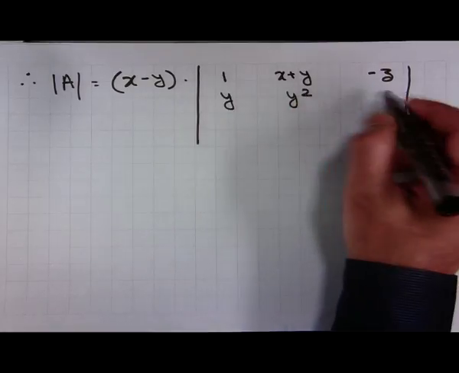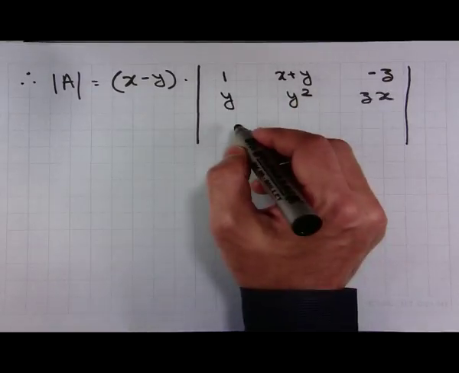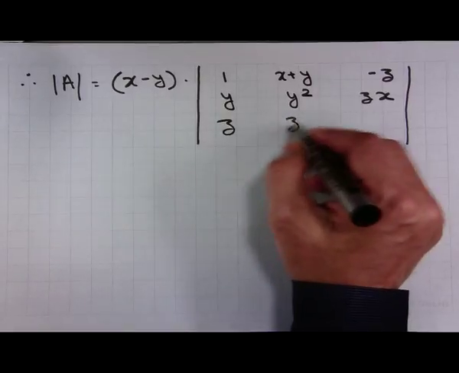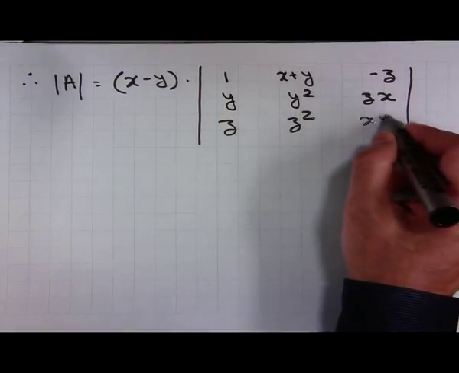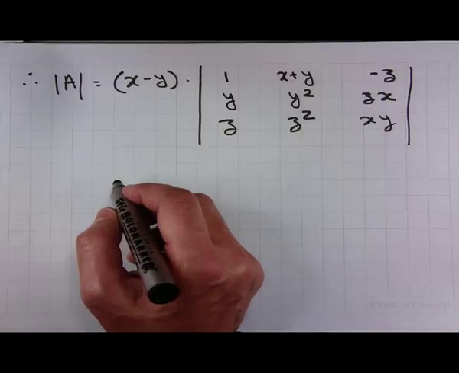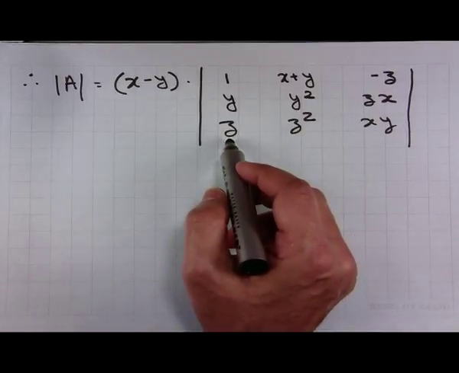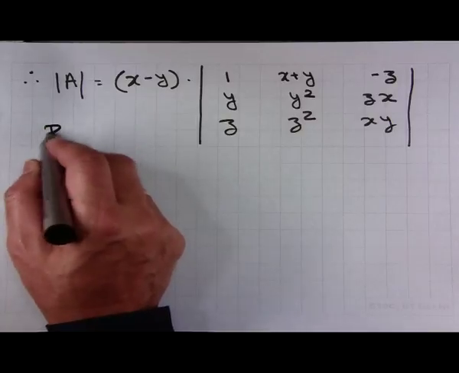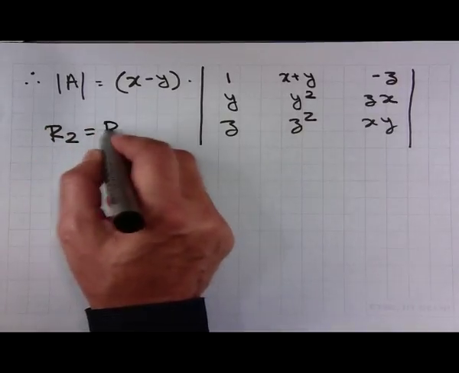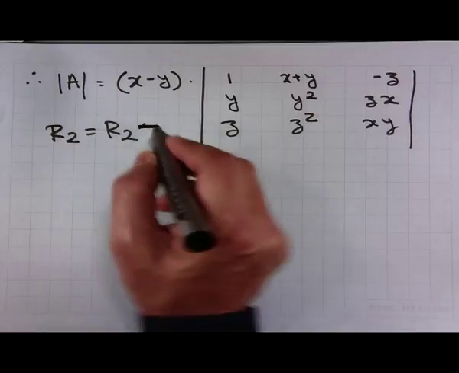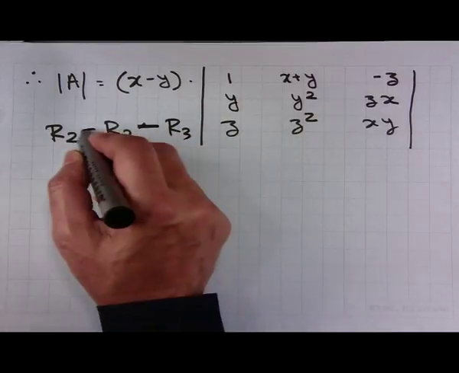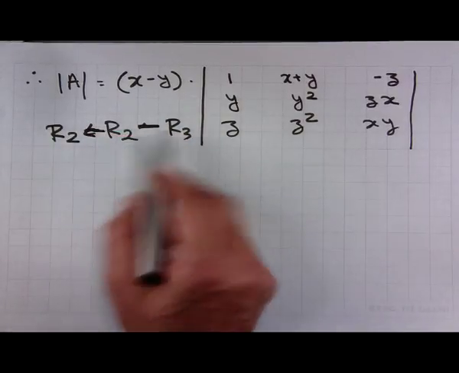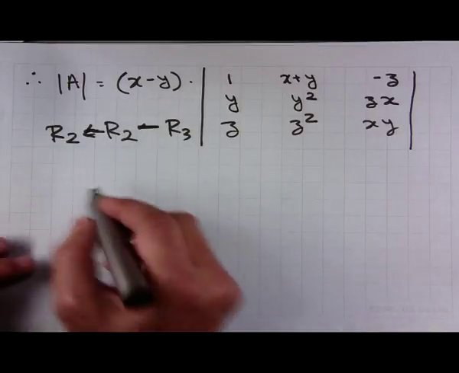y square, zx, z square xy. Now, in a similar way, now I will subtract row 3 from row 2. That means row 2 minus row 3 now goes to row 2.